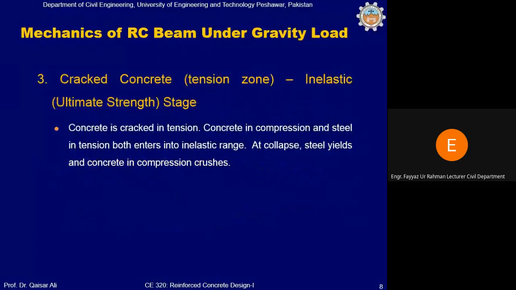However, this is the final stage at which both, that is steel in the tensile region and concrete in the compression zone, have entered into the inelastic stage. You know that at this stage the reinforcement would have already yielded.